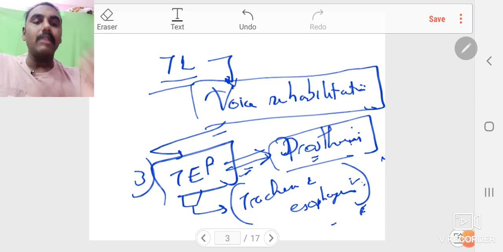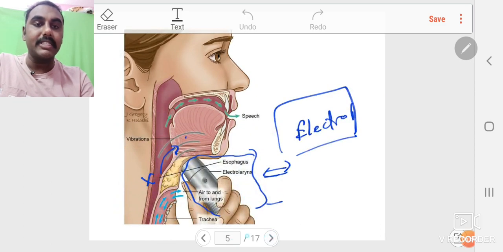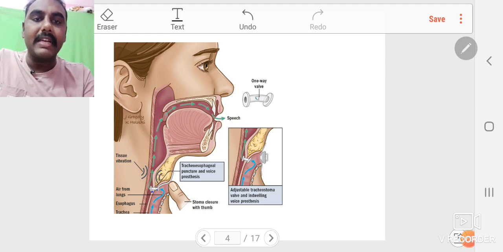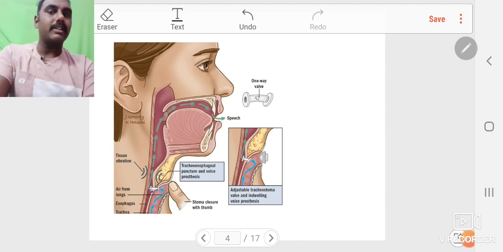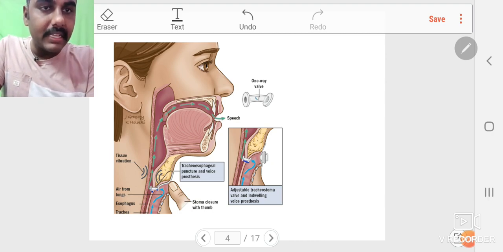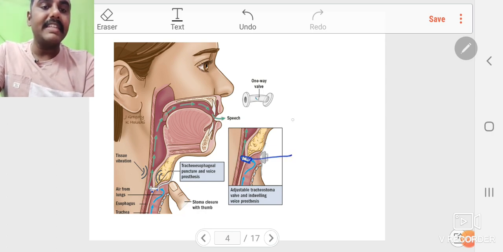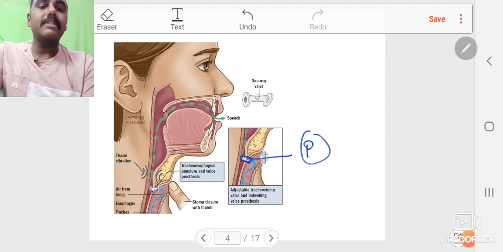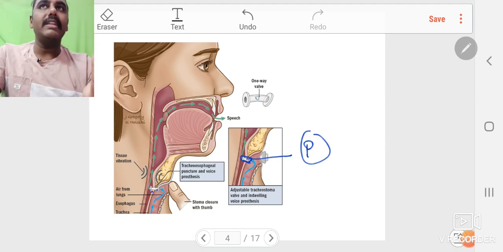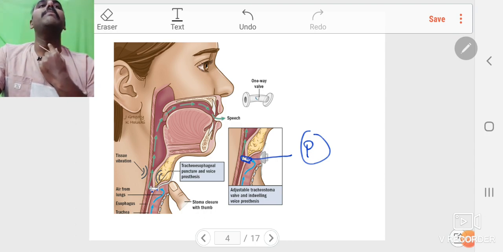Here we are artificially creating a fistula between the trachea and the esophagus. It is not a complication following total laryngectomy. We insert a prosthesis here, so whenever the patient tries to phonate, he can close that hole over the prosthesis.